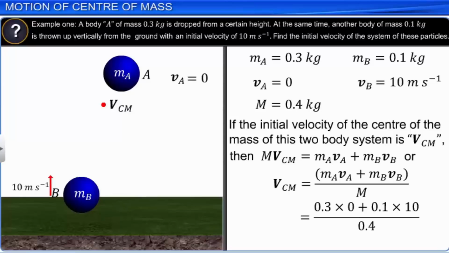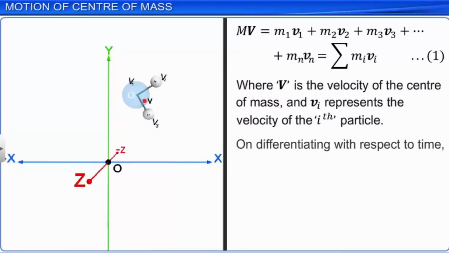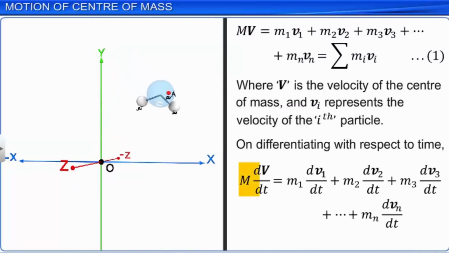On differentiating equation 1 with respect to time, m dv by dt is equal to m1 into dv1 by dt plus m2 into dv2 by dt plus m3 into dv3 by dt, and so on, plus mn into dvn by dt.